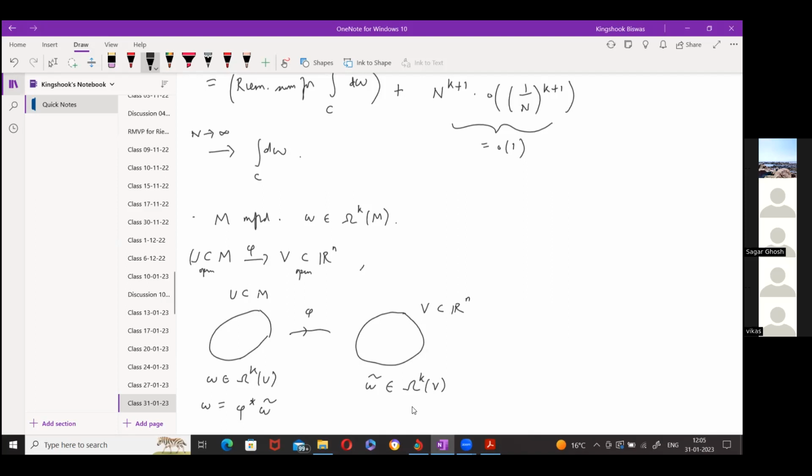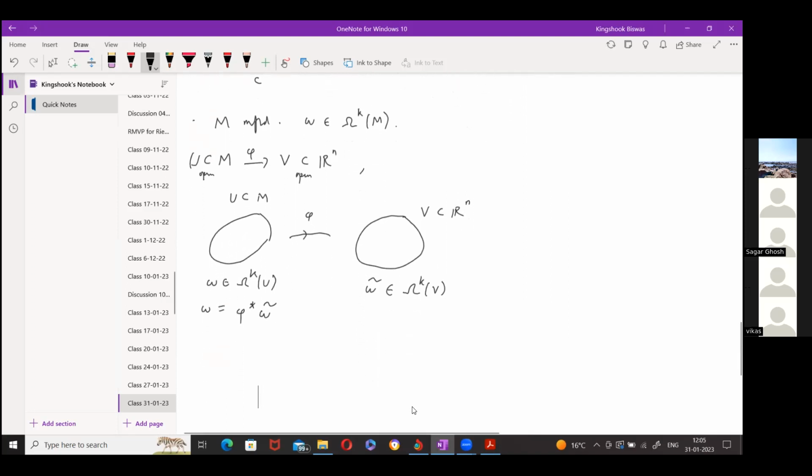So actually, what do we have? If I take the K forms on V, then I have an isomorphism given by phi star to the K forms on U, right?